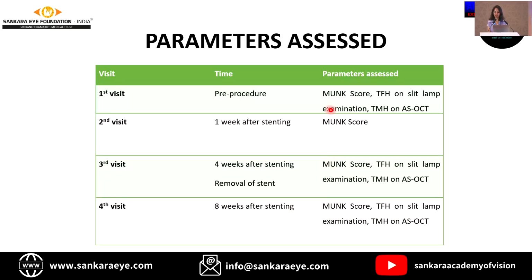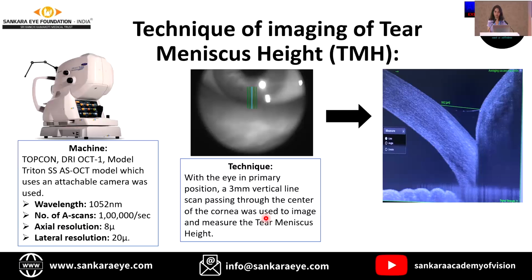The parameters were measured at 4 visits: pre-procedure, 1 week after stenting, 4 weeks after stenting, and 8 weeks after stenting. It is important to note how the tear meniscus height was measured. This was done using the Topcon DRI-OCT1 model, a swept source AIOS2025 model available in our hospital.